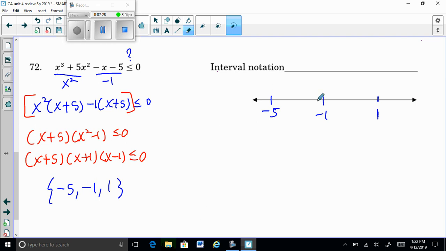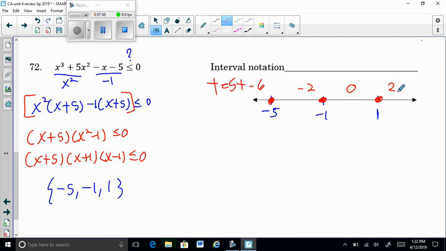So that's kind of the reason my spacing might not seem right. Okay, so we will go ahead and include all 3 of those points. Okay, and so when we test, we'll test stuff like negative 6, negative 2, 0, positive 2. You could test different values if you really want, but those are the ones that seem the easiest to me.